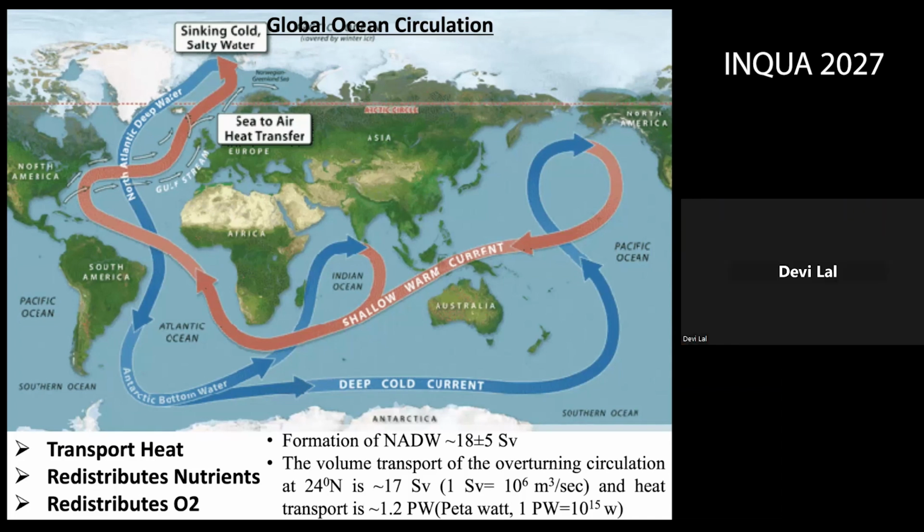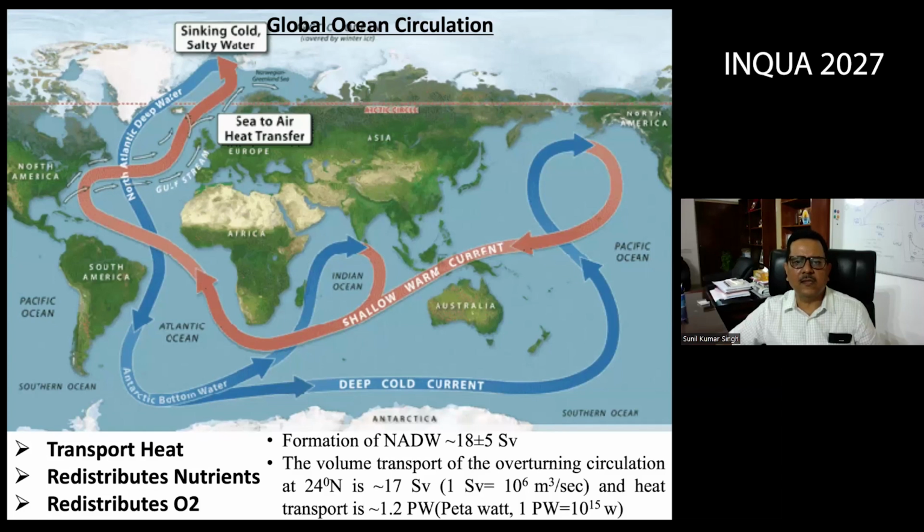So the heat is getting transported through the ocean circulation. And again, it is controlling the temperature of the globe. Suppose in absence of this ocean circulation, the temperature of the equator will increase significantly and the polar region will become more ice covered.